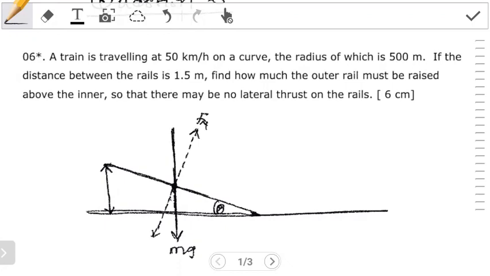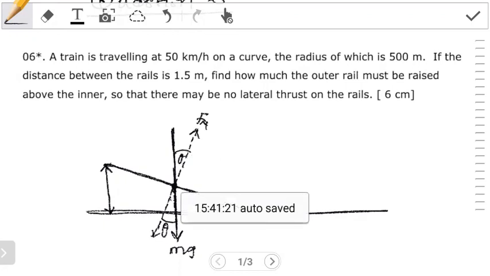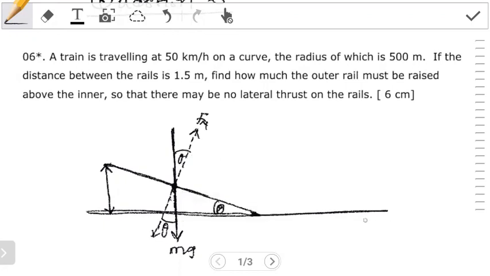Now, one thing that you guys should observe is if this angle is theta, then the angle here is also theta. Now, if the angle there is theta, it means that this angle here is also theta. Now, if you look at where the center is, the center of rotation is somewhere in this direction. So somewhere here, this is where you have the center.